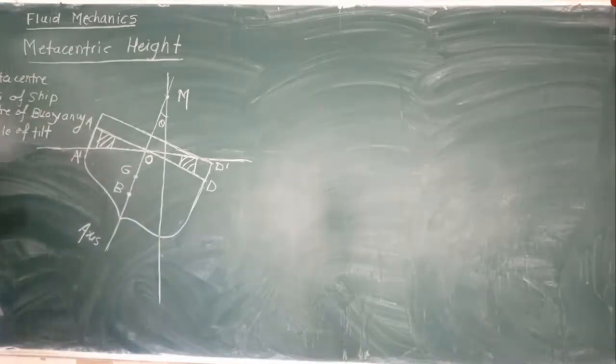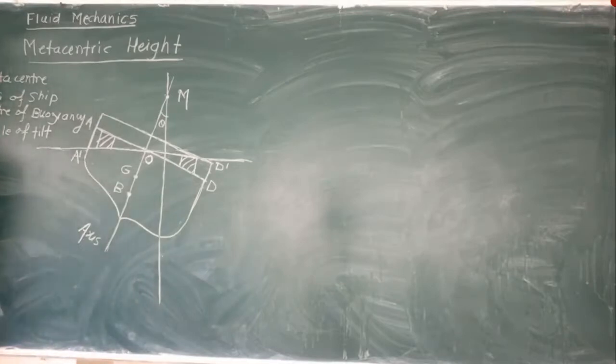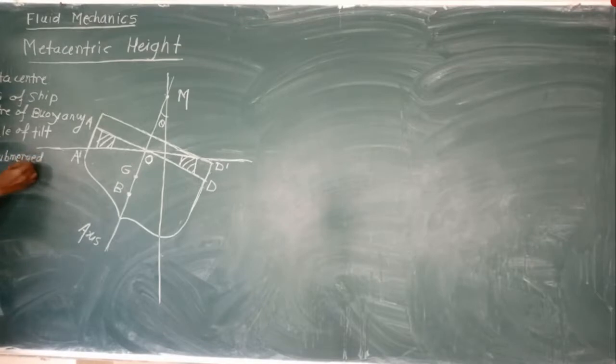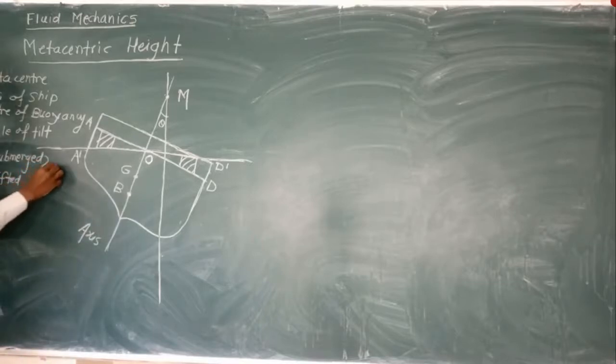When this angle is tilted, then here D dash is the submerged portion, and A dash is the lifted portion.